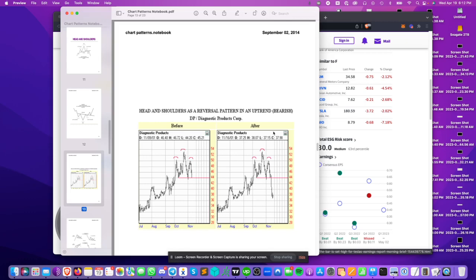This is before, this is after, where once the price breaks the neckline, now this level becomes a sort of a resistance. What was one time support right here, supporting price, now becomes resistance with the break below, and the stock sells off. Now, it doesn't sell off quick like this all the time. It may come back, retest, sell off, and I have some examples that I can show you recently on a couple of stocks.